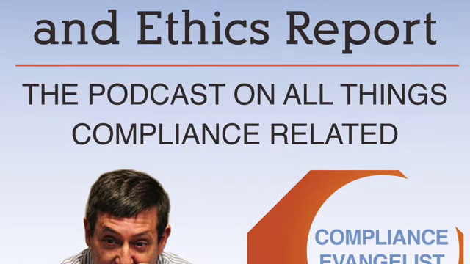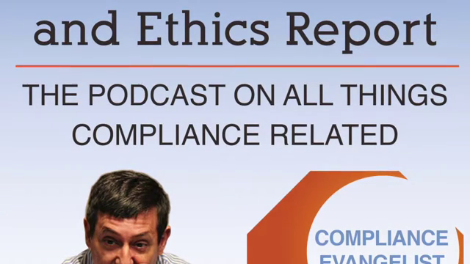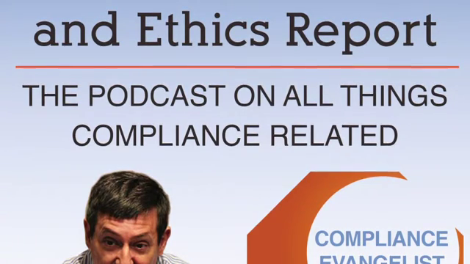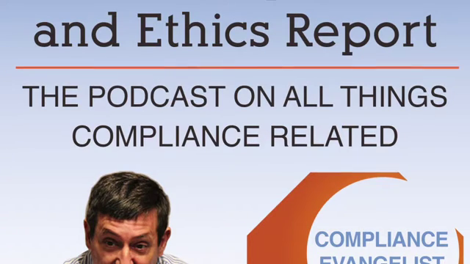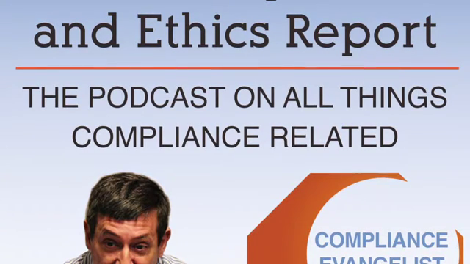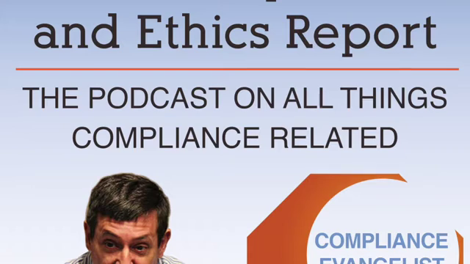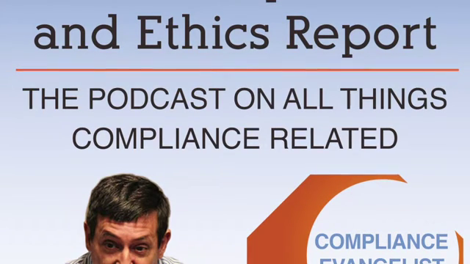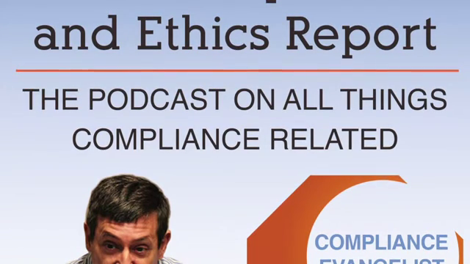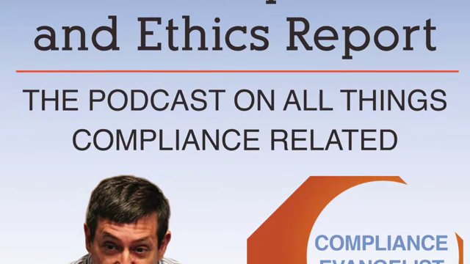Number 4, the contract. So the contract is going to be an important part of obviously any contractual relationship you have with a company, but your contract starts with your evaluation of the due diligence.